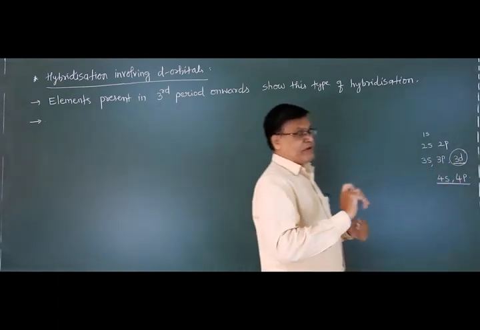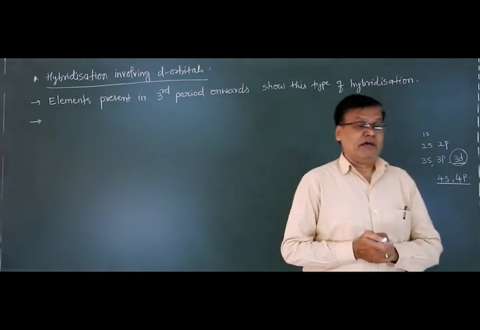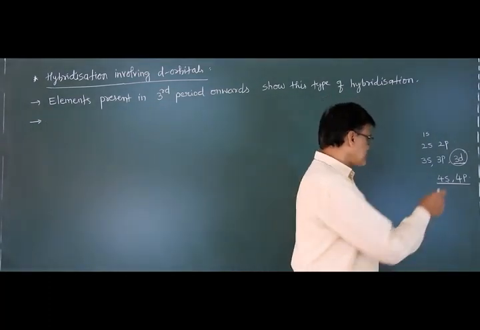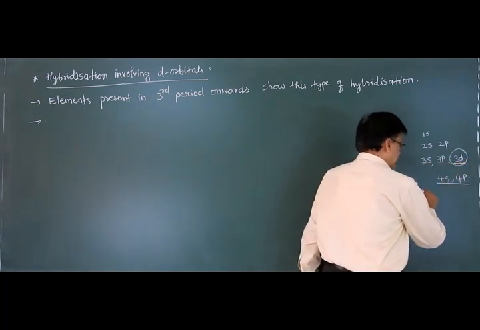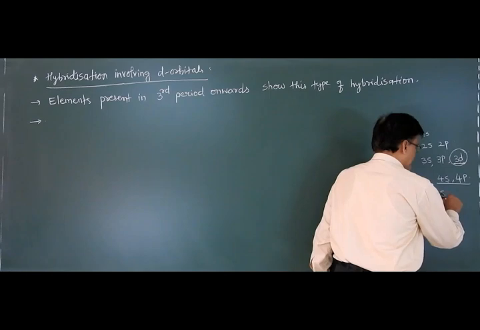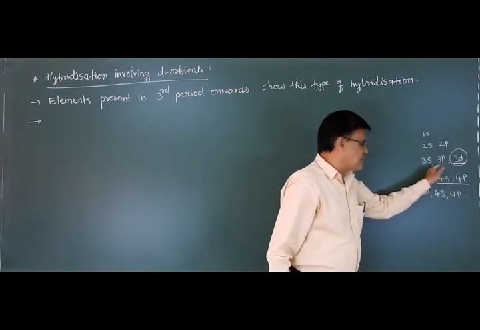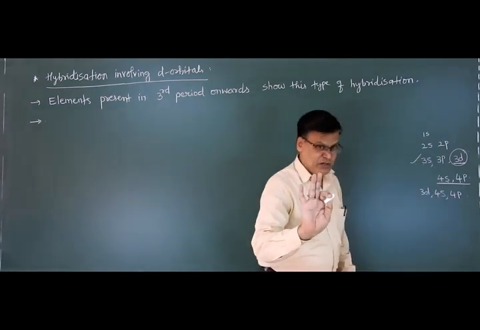A question may be asked: among the following pairs of orbitals, in which is intermixing of orbitals possible? First one is 3s, 3p, 3d. Second option I will write, 3d, 4s, 4p. Here intermixing is possible because all the orbitals have similar energy. Understood all of you?